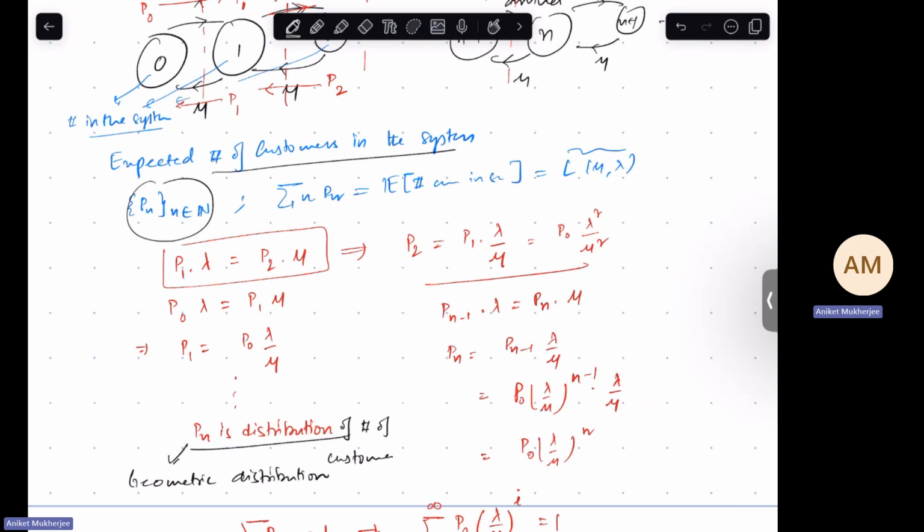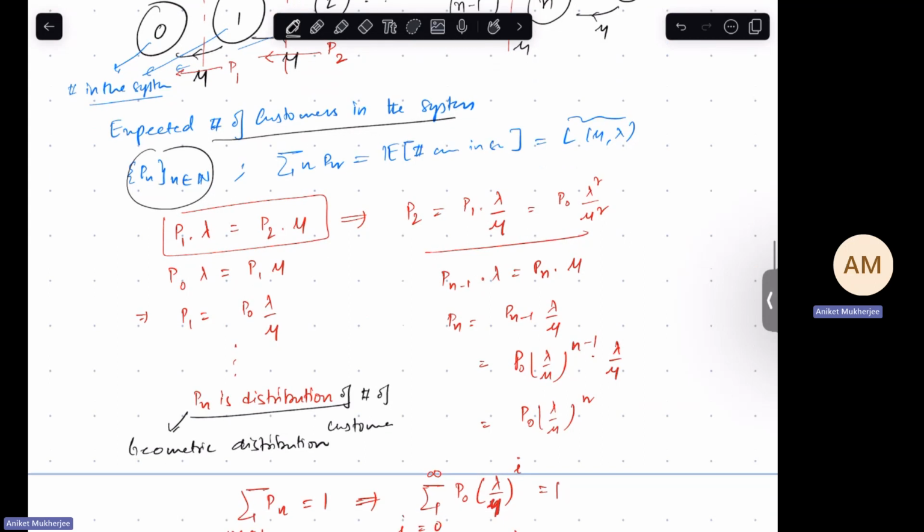Similarly, you go to P1 and P2 and iteratively put the definition of P1 there. So you get all the Pn's in terms of P0. You get Pn equal to P0 into lambda by mu, the whole power n. Now you have to find P0, right? Because you know all the Pn's in terms of P0, but you don't know what P0 is.